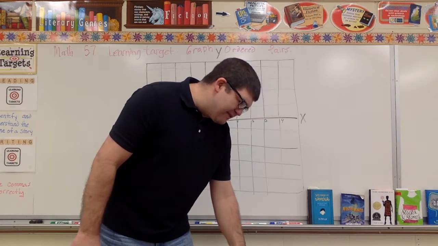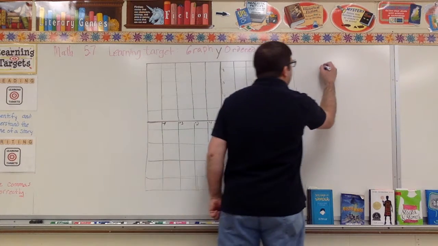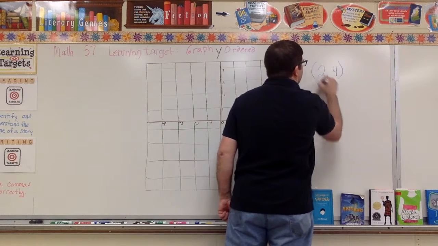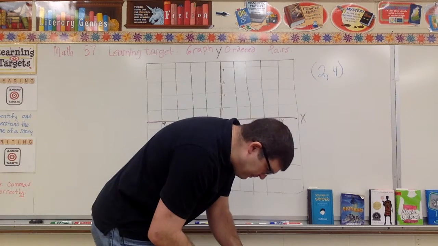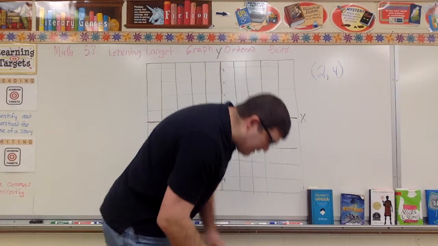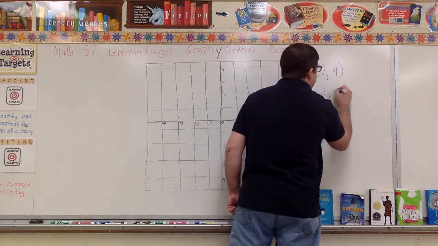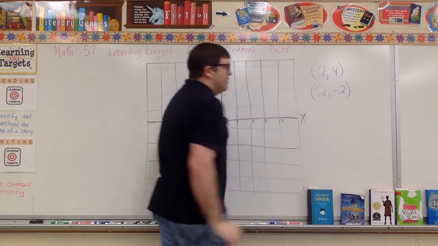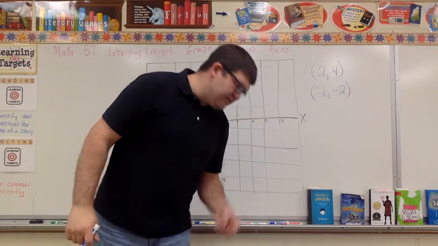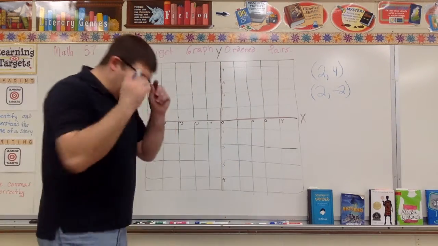He graphs points at 2, 4. Let's see, there's a point. And at 2, -2. Okay, so the first thing it says is he's graphing these two points. So I want to do that too.